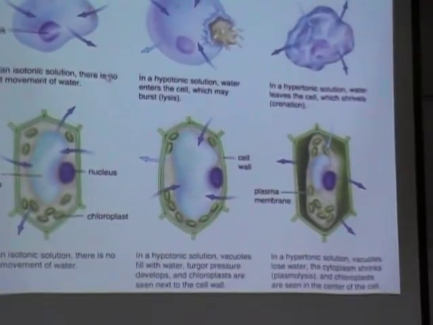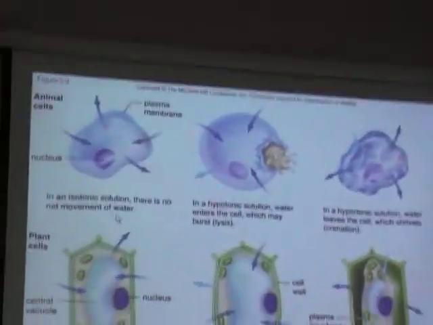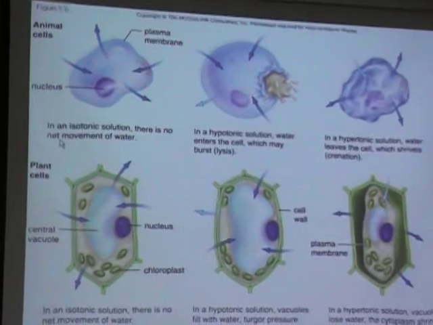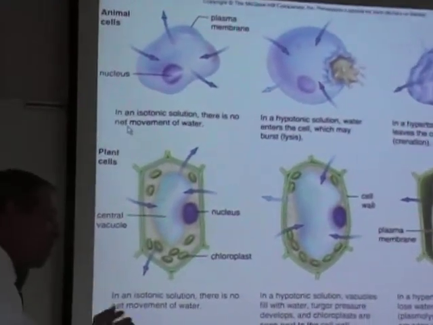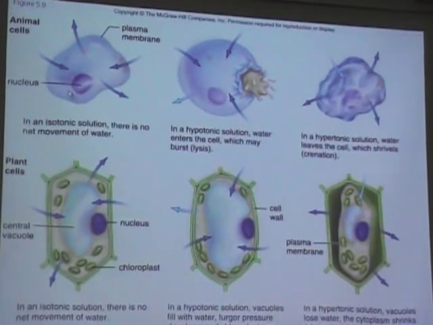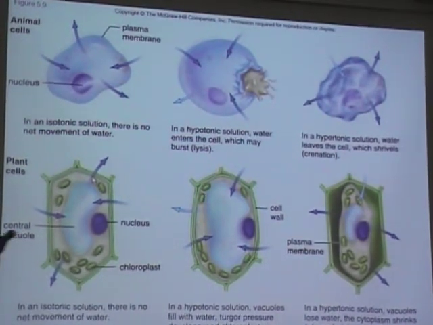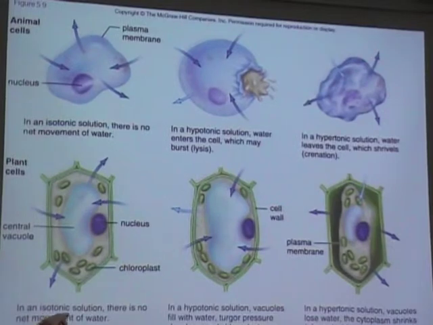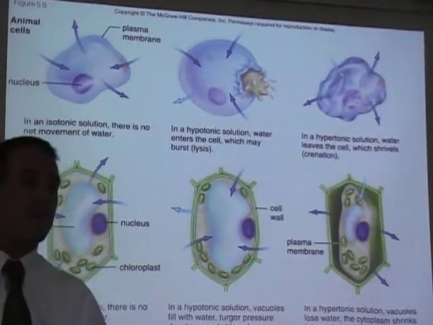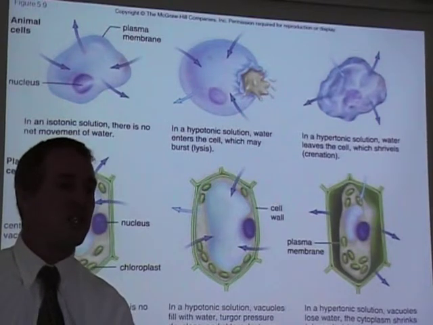And so we say there is no net movement of water in one direction. When we say net movement, we're talking about the overall, if you total up all the water coming in and all the water going out, it's about even. So these cells will not change. We say that the cells are in an isotonic solution. Iso means equal. So if the cells are sitting in an isotonic solution, they don't change.